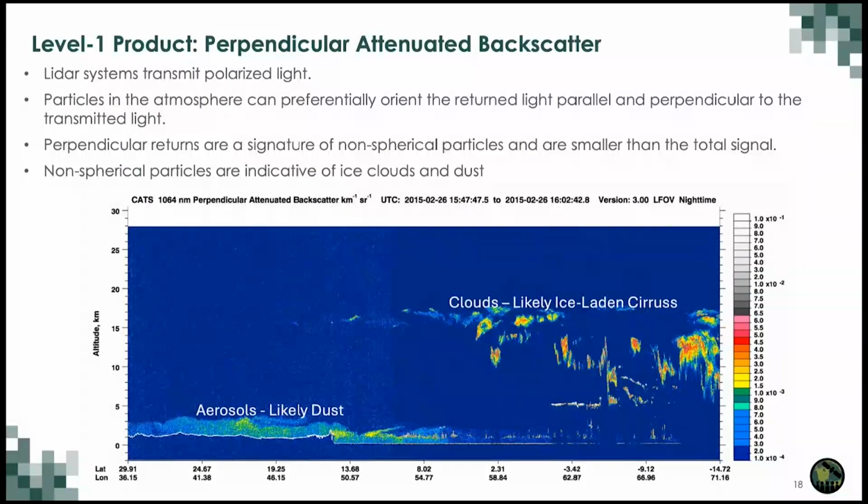So you'd have a perpendicular component to the backscattered signal. And so because we're getting perpendicular attenuated backscatter, we thought that these were likely clouds. We thought these were likely aerosols. Now we have some information about their shape. And because they're non-spherical, we can say, hey, this is likely cirrus, and this is likely dust.